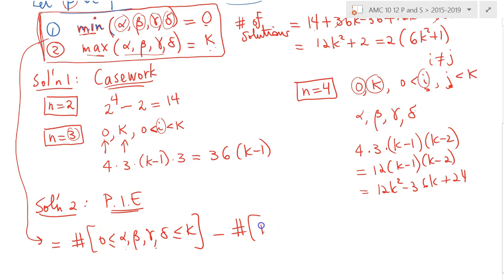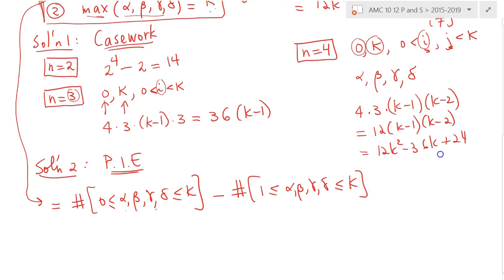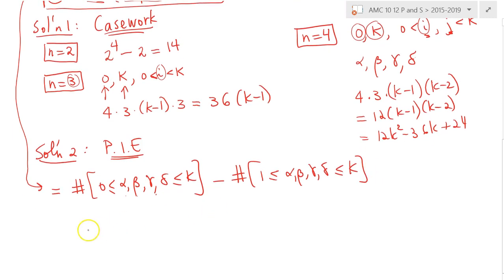So therefore, let's start from 1, let's say, alpha, beta, gamma, and delta, and it might include k, obviously. Or, I still need to adjust, so minus the number of those that have 0, alpha, beta, gamma, and delta.